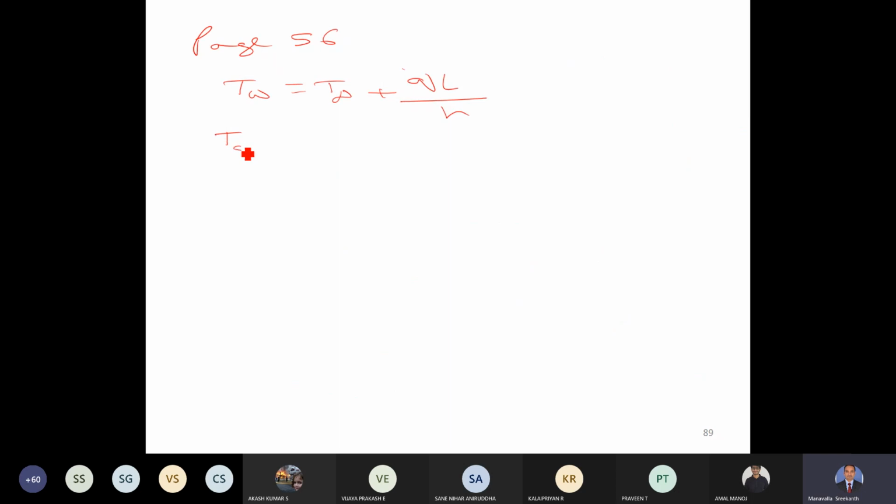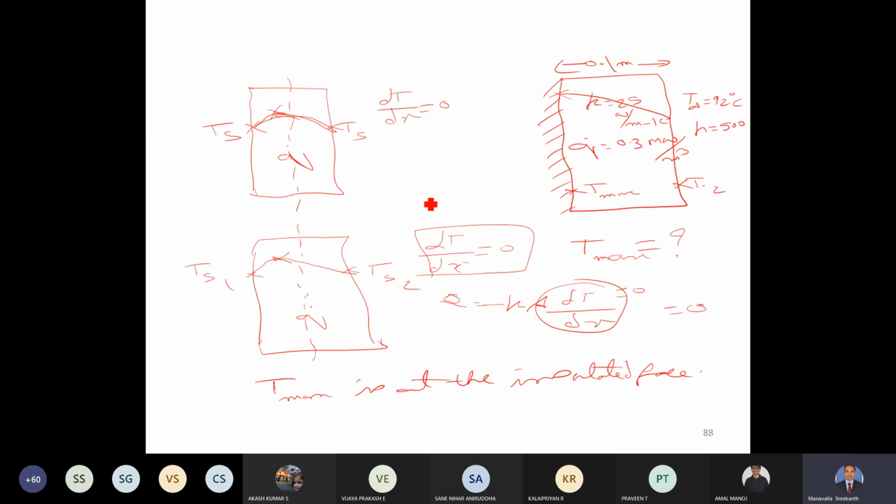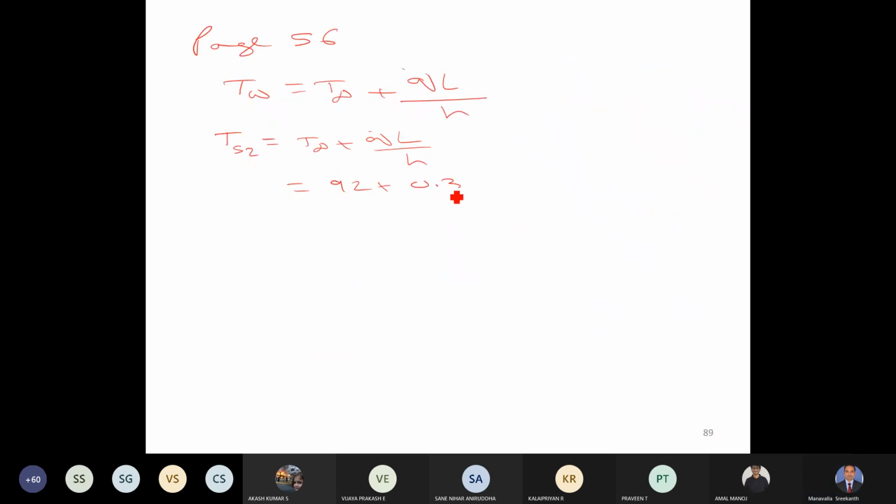So in place of TW, I substitute TS2 is equal to T infinity plus Q dot L by H. So T infinity is 92 plus Q dot is 0.3 mega, so I will convert it to normal units, 10 power 6, into 0.1 divided by H is 500. Compute this. So this will be 152 degrees Celsius.